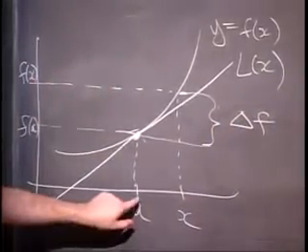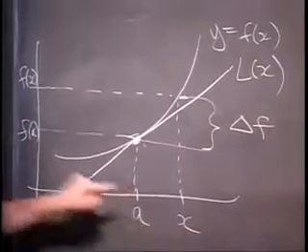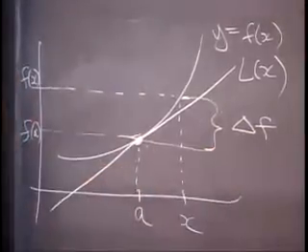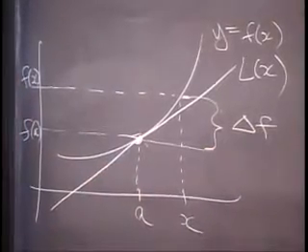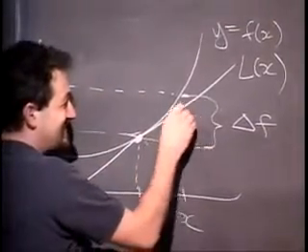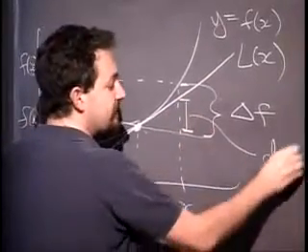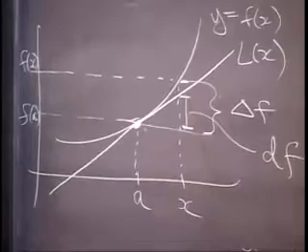So we've gone and changed a up to x, and we're going to change f of a up to f of x, and the amount I'm going to write as delta f. But this is the approximate amount, df, and that's how I defined it last time.